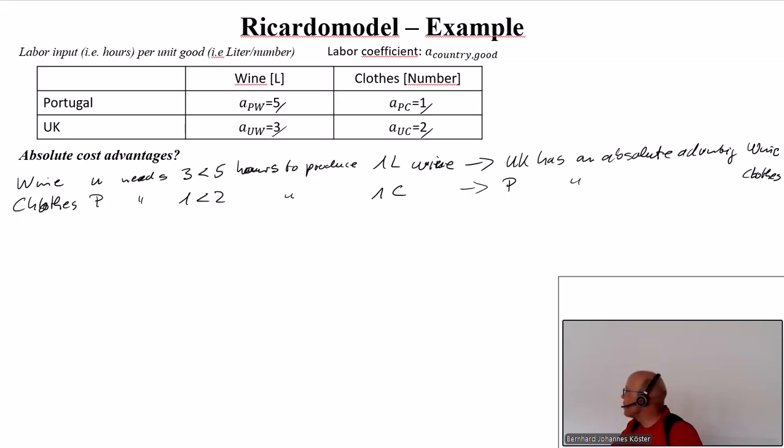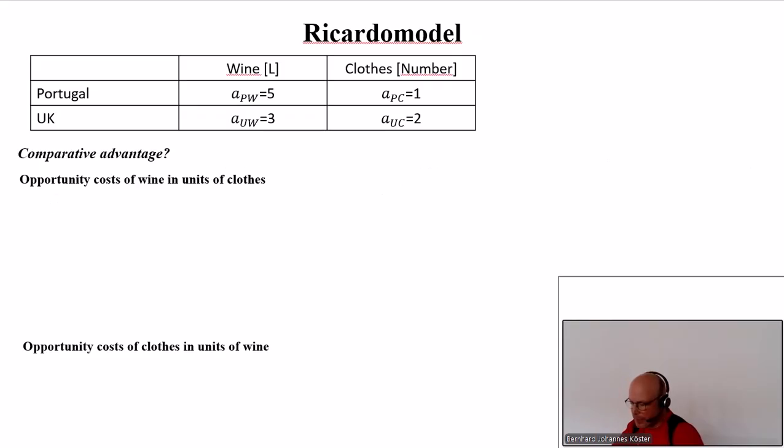But now we want to go to the comparative advantage. For this, we have to calculate the opportunity costs. And remember, now we are measuring producing one good in units of the other good. So let's start with Portugal. If we are producing 1 liter of wine, how many clothes can we then not produce, due to our numbers?